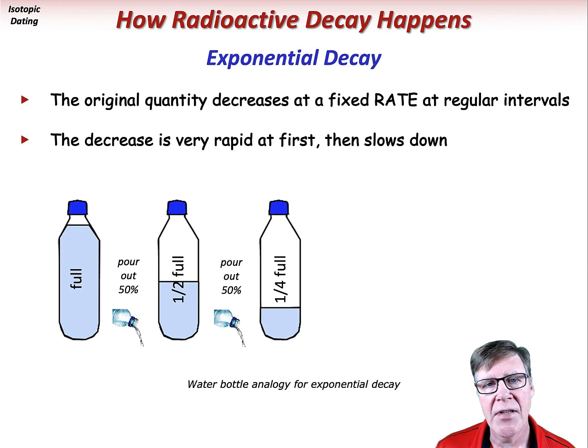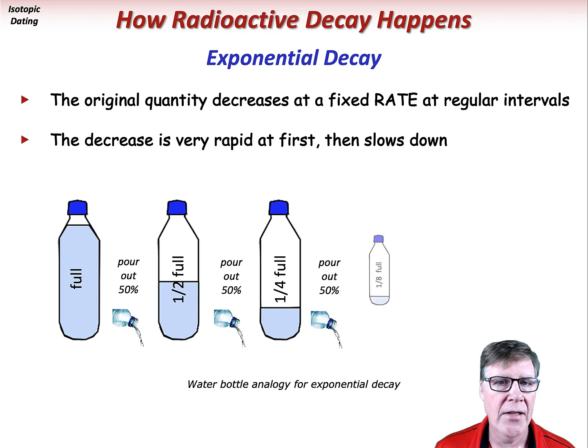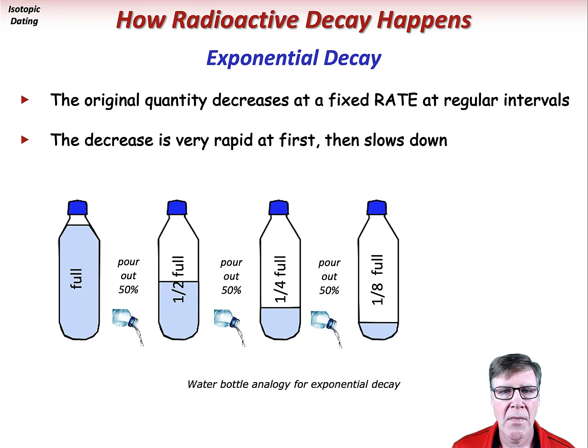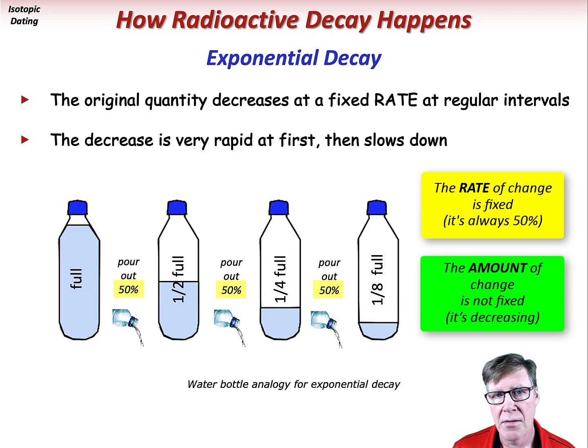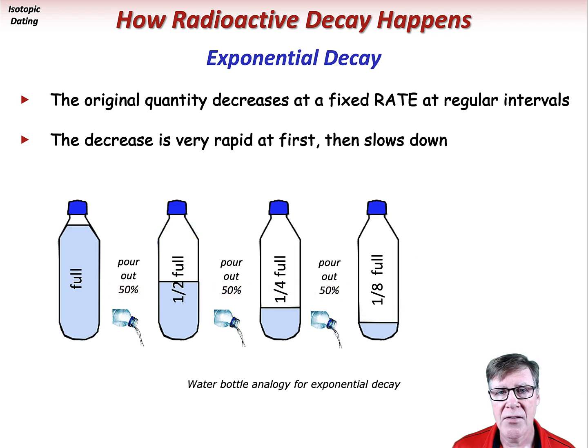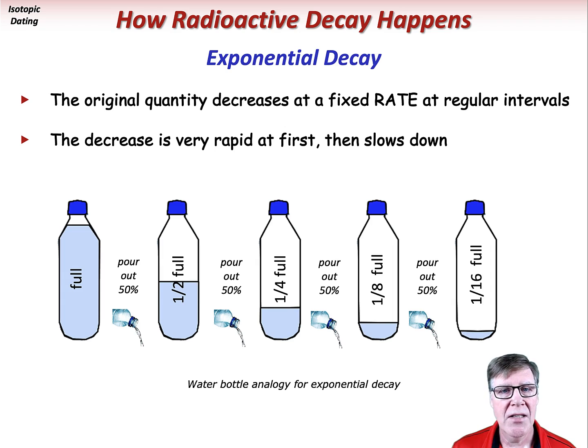During the next 5-second interval, we pour out half of the quarter-full water bottle to get a 1/8 full water bottle. Notice that the rate of change is fixed, but the amount of change is not. It's actually decreasing. For the next 5-second interval, we get down to 1/16 full, and so on and so on and so on.